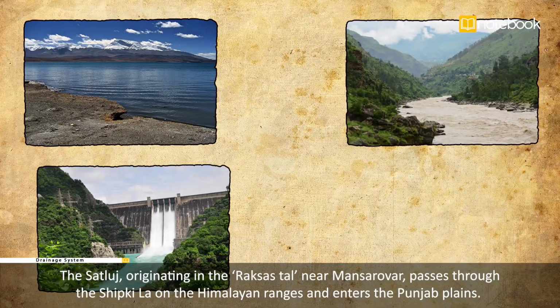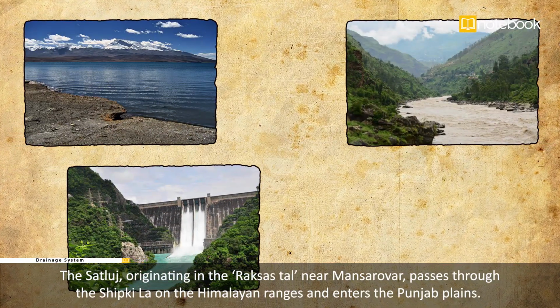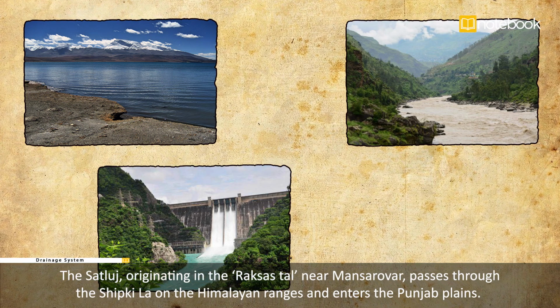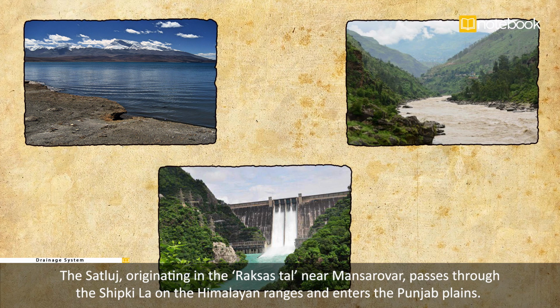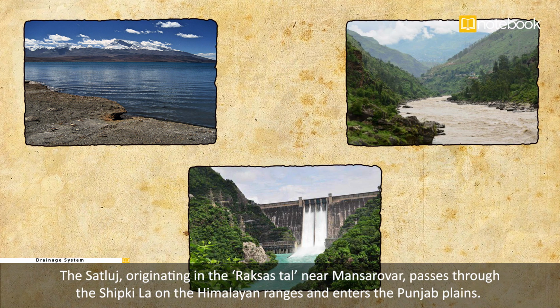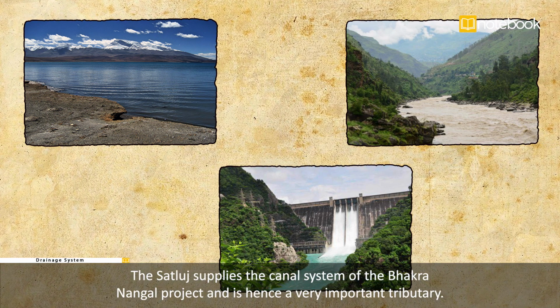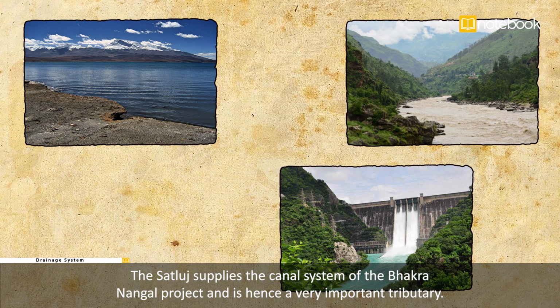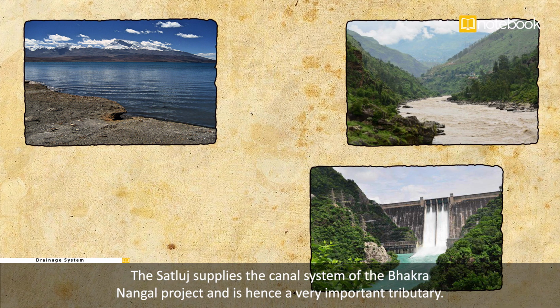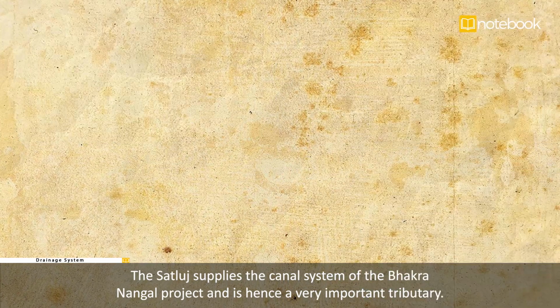The Satluj, originating in the Rakas Tal near Mansarovar, passes to the Shipki La on the Himalayan range and enters the Punjab plains. The Satluj supplies the canal system of the Bhakra Nangal project and is hence a very important tributary.